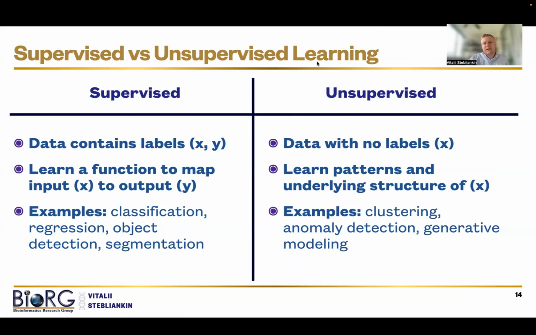In contrast, in the unsupervised approach, there are no labels. We have only data X without any Y, and you need to learn the patterns or underlying structure of X. For example, in clustering, anomaly detection, and generative AI is one of those examples.